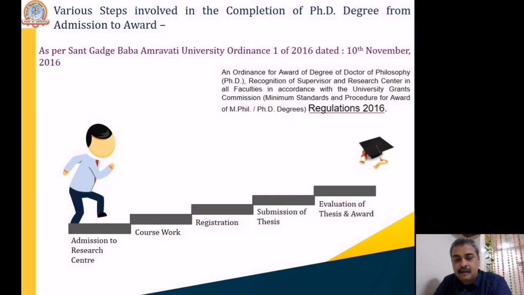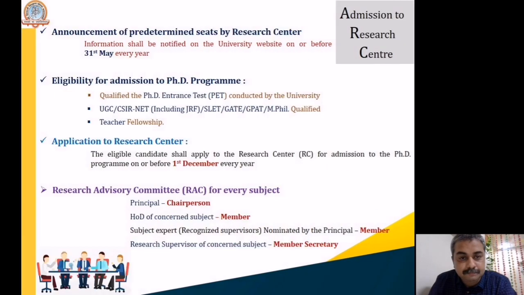So briefly you can say there are 5 steps right from the admission to the evaluation and award of the PhD degree. The first part, like for any course, is the admission, and here the research student or the candidate has to apply. The first step is to apply to the research center.